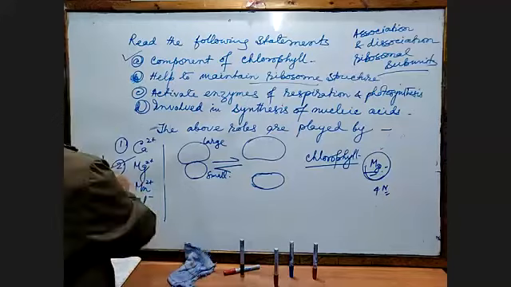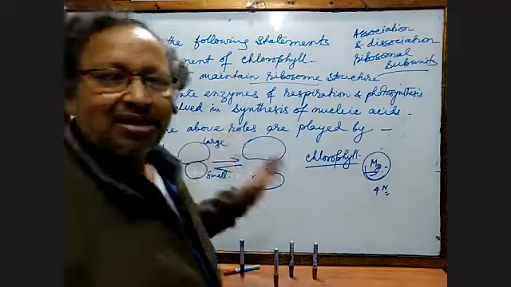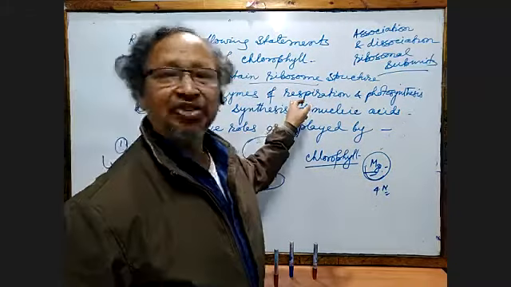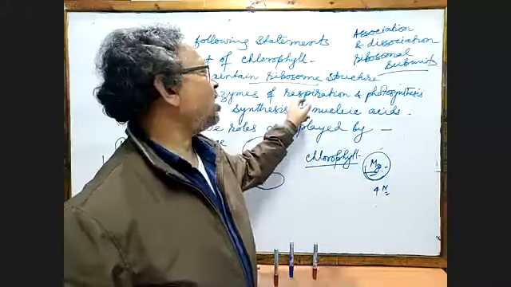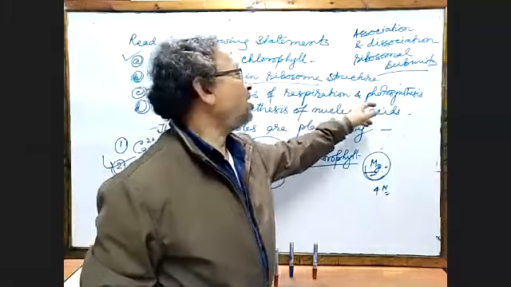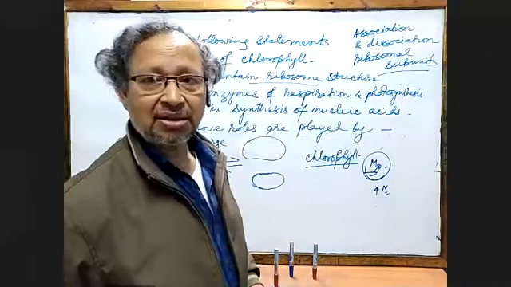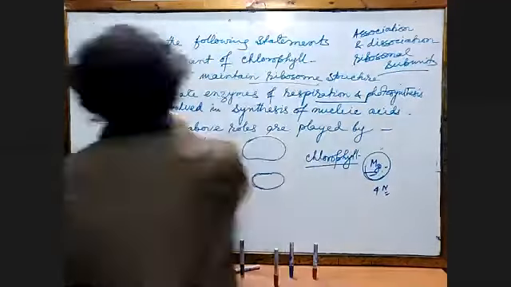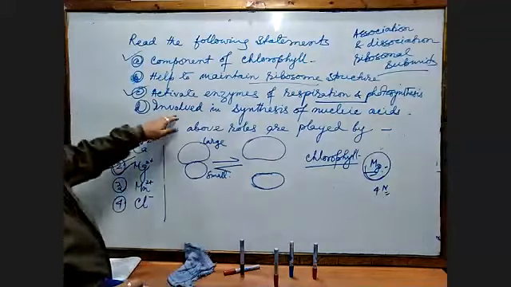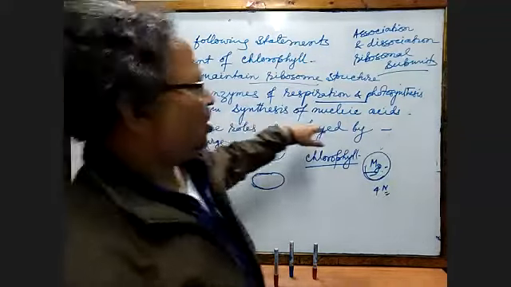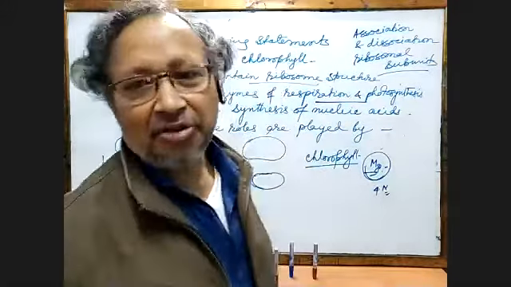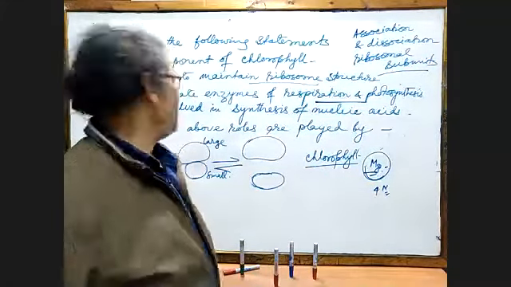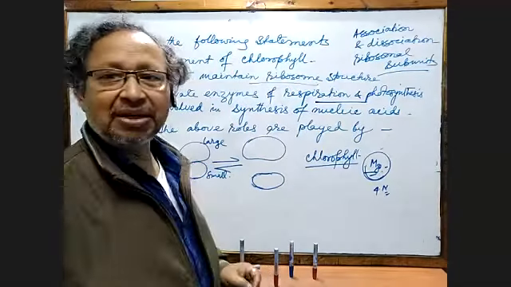Magnesium is useful in the functioning of the enzymes required by respiration and photosynthesis. And for the synthesis of RNA and DNA, magnesium is also important.